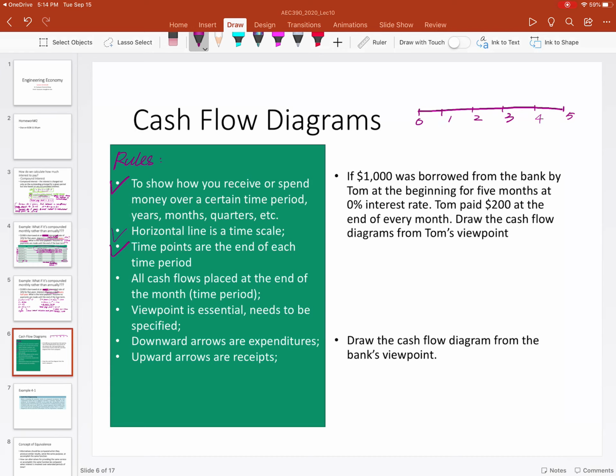You draw this horizontal line and you put points on it depending on how many points you have. If you have the interest calculated every year for 5 years, you're going to have 6 points labeled as 0, 1, 2, 3, 4, 5.